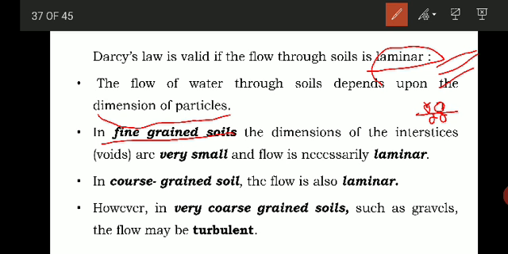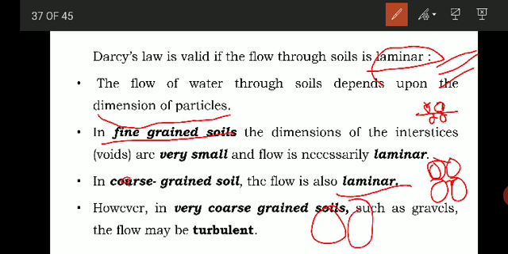If the soil is coarse grained, the flow is again laminar, because if the grains are bigger, the pore spaces are also bigger, and the flow is laminar in such coarse grained soil also. But what happens if the soil is very coarse, like boulders or gravels, very big in size?